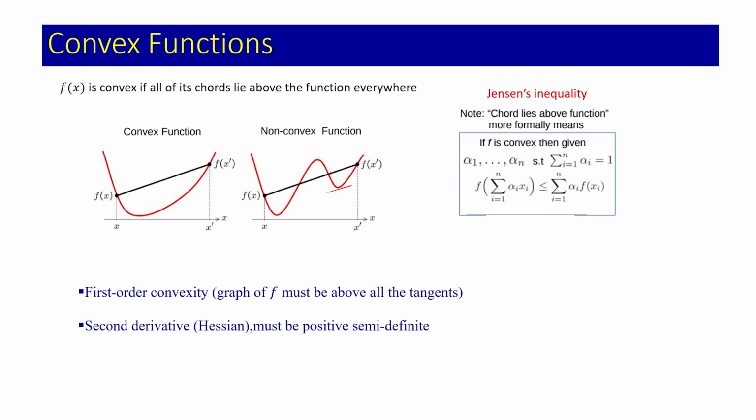The concept is that the chord lies above the function. That means if f is convex, and these are the variables alpha 1 to alpha n that add up together to 1, then f of the sum of alpha i x i must be less than or equal to the sum of alpha i f(x i). These are Jensen's inequality, valid for convex functions.